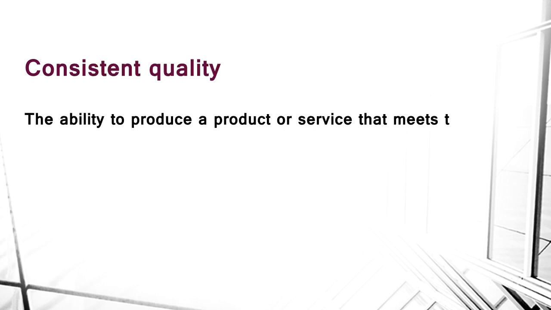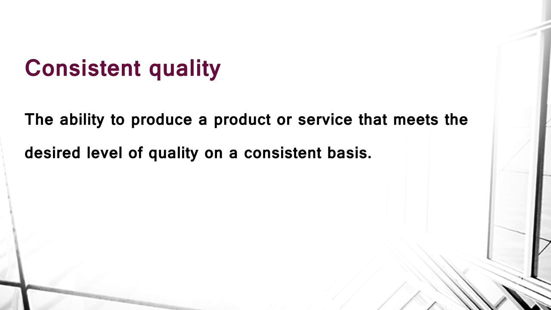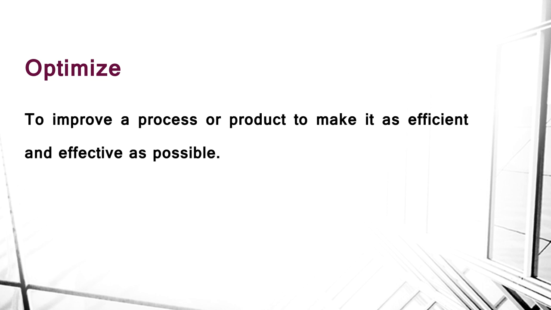Important word: consistent quality. Definition: the ability to produce a product or service that meets the desired level of quality on a consistent basis. Important word: optimize. Definition: to improve a process or product to make it as efficient and effective as possible. Special concept: industrial engineering.